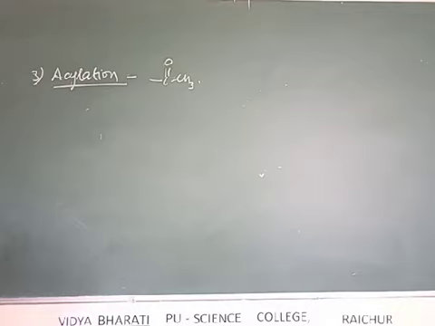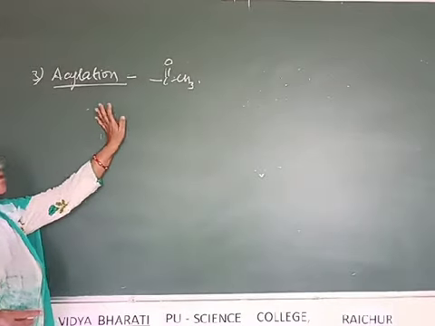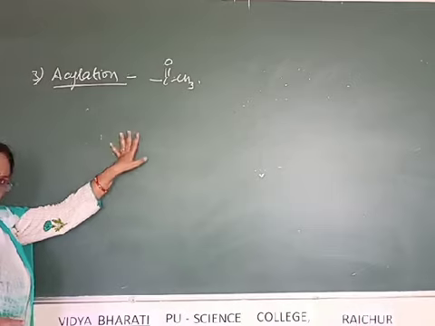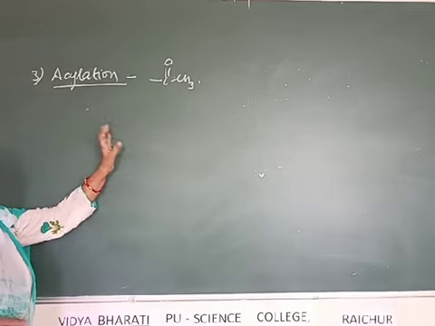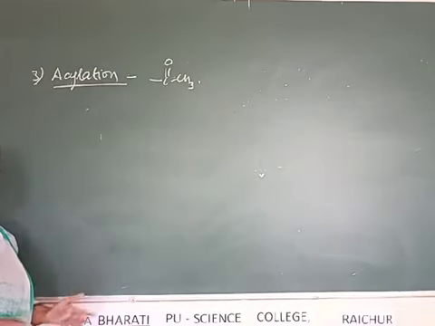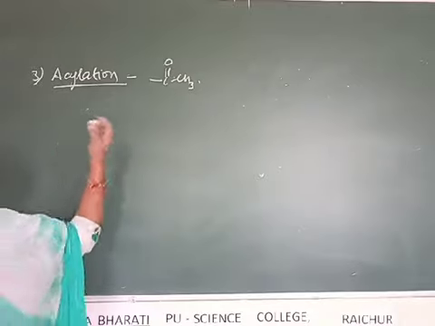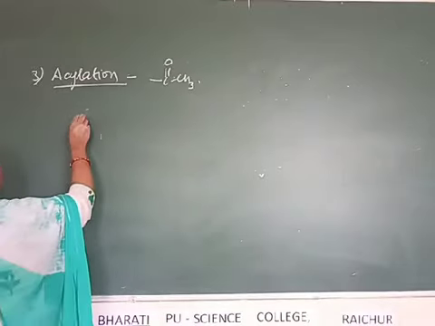So introduction of an acyl group is known as acylation. And this can be done by treating the amines with acid halide or acid anhydride, or you can take esters. Which three compounds? Acid halide, acid anhydride or ester. Okay. So I will show you with acid halide.